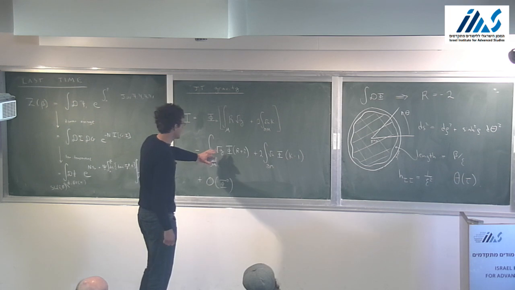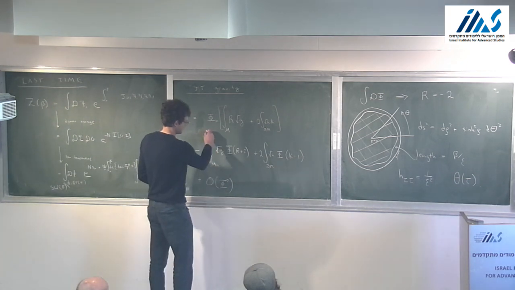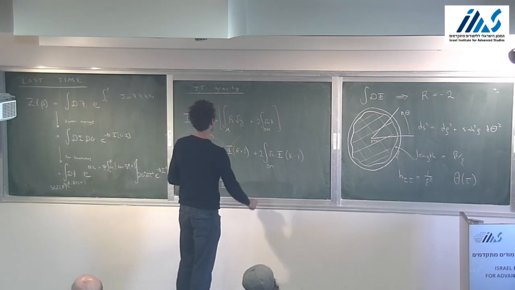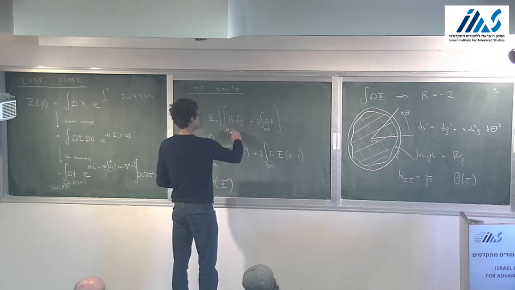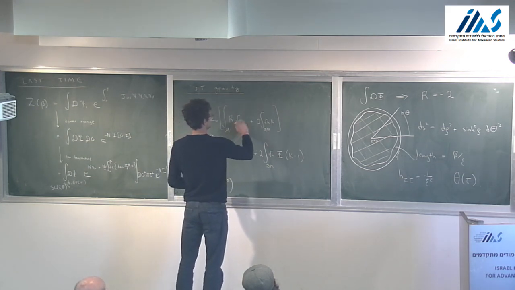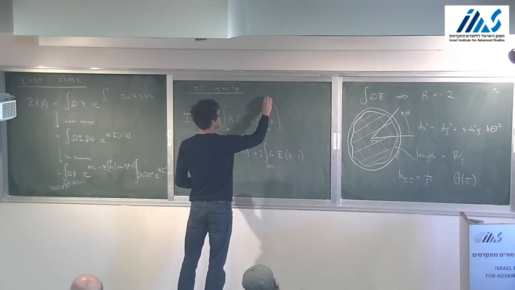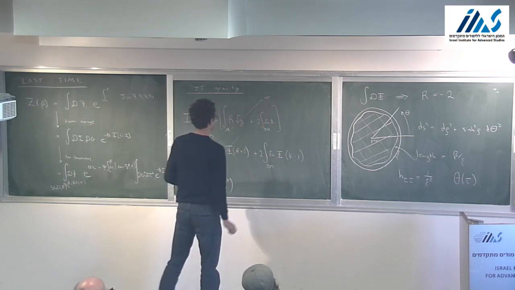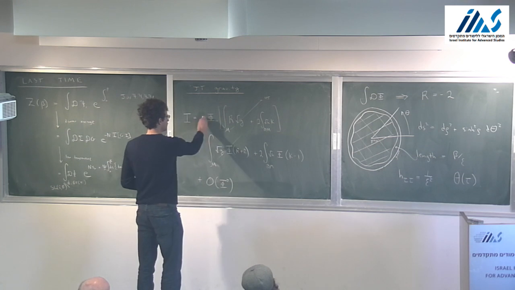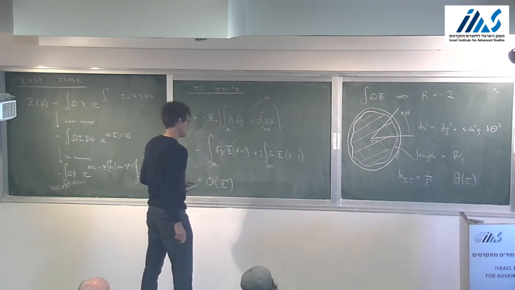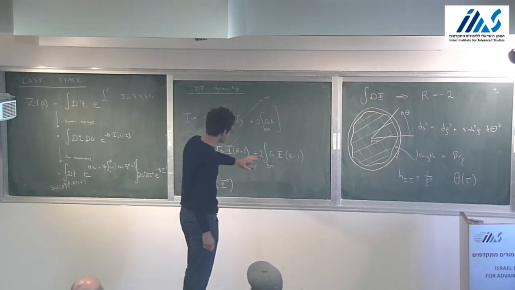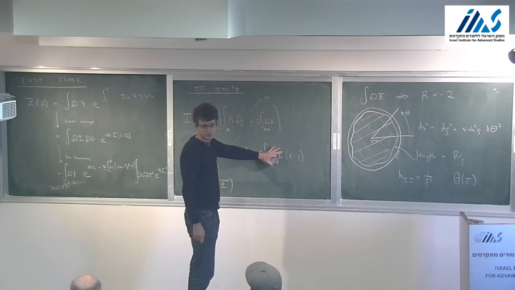So if we look at the JT action, this term is gone because R is equal to -2. This term here is a constant. This term is 4 pi. I think I should have put a minus sign here. The only term that remains is this term, involving the extrinsic curvature.